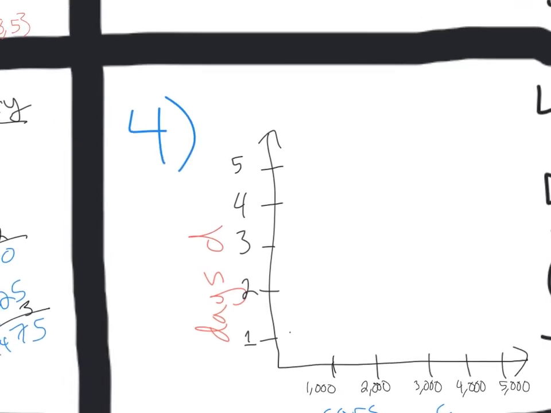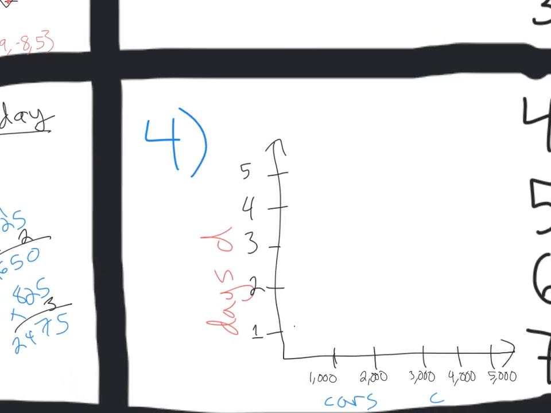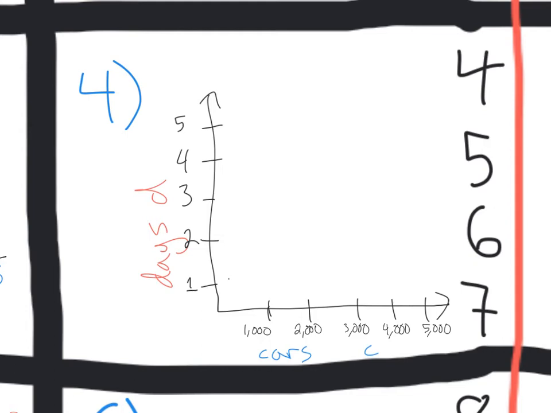So let me write those ordered pairs here. As you can see, I created my XY plane, or my DC plane in this case, where days go up and down, cars go left and right. So the ordered pairs that I need to graph are 1, 825, 2, 1650, 3, what was it, 2475.